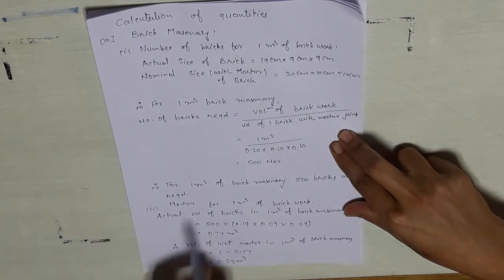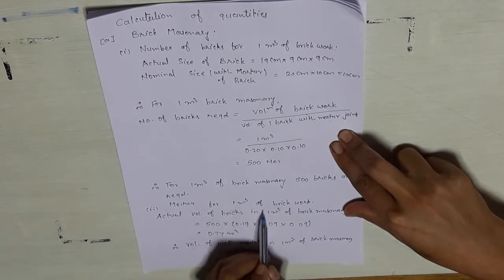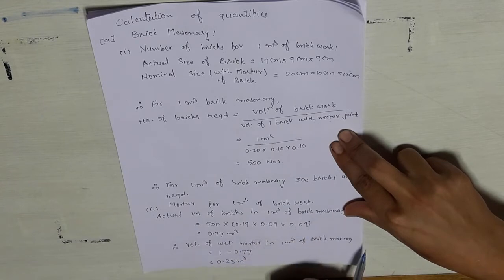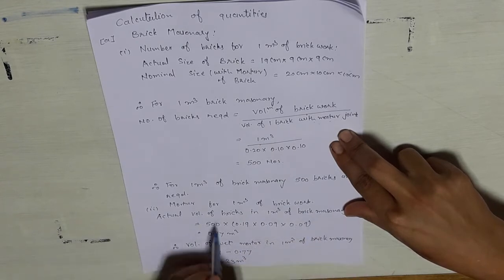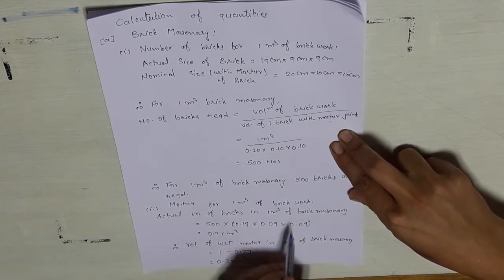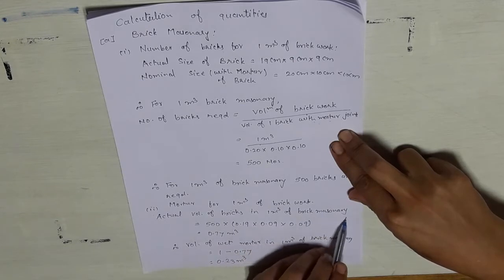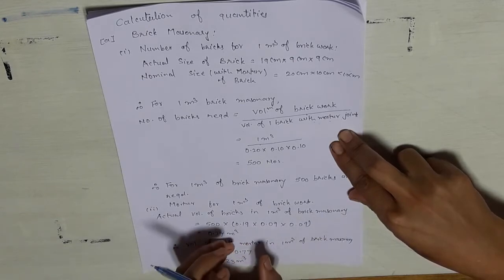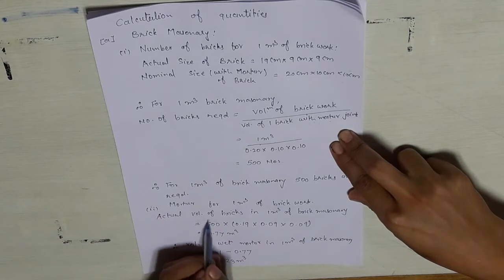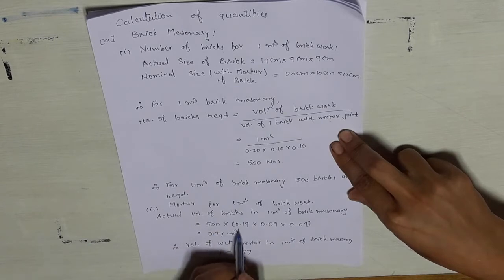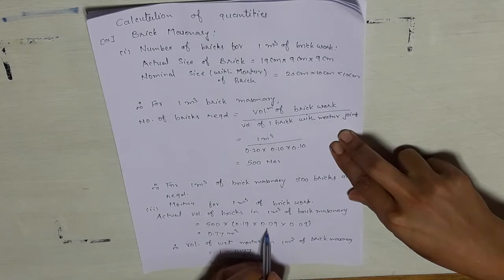Now second, mortar for 1 meter cube of brickwork. First, the actual volume of the brick in 1 meter cube of brick masonry. We require 500 bricks for 1 meter cube of brickwork, and the actual size is 0.19 by 0.09 by 0.09.